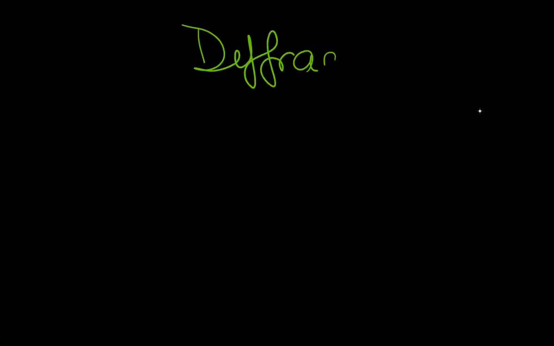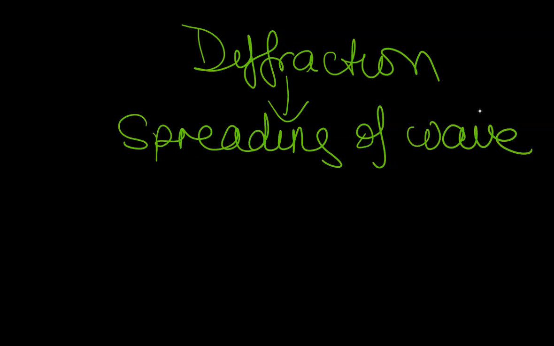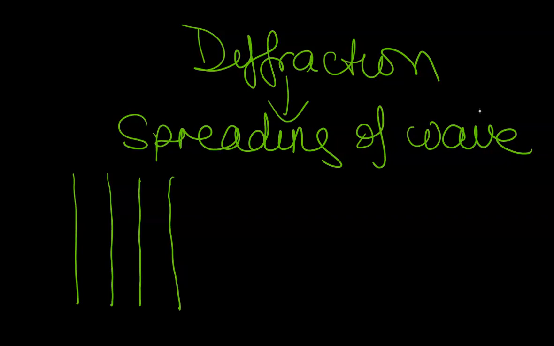Right, so now let's look at diffraction. Diffraction is basically the spreading out of the wave. When the wave encounters a gap or obstacle of comparable size to its wavelength, it begins to spread out. Consider a series of parallel wavefronts that are going to encounter a gap.